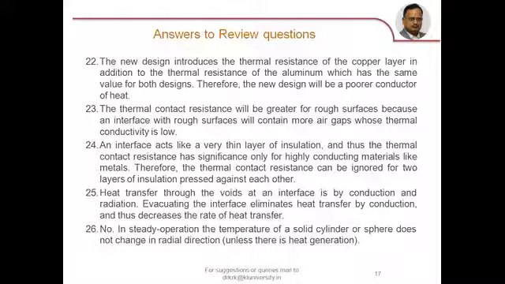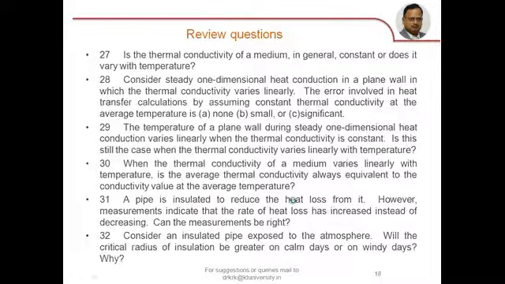And for the last 26th question, the answer is no. In steady operation, the temperature of a solid cylinder or sphere does not change in radial direction, unless there is heat generation.